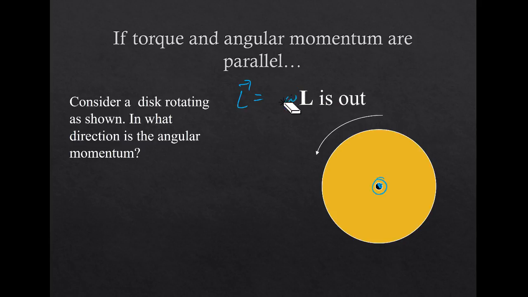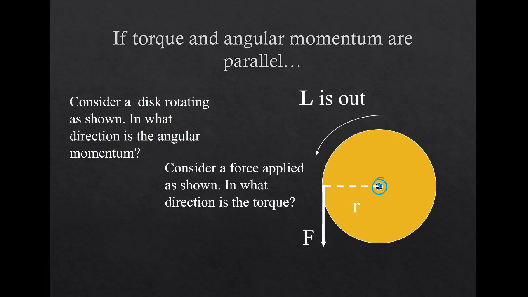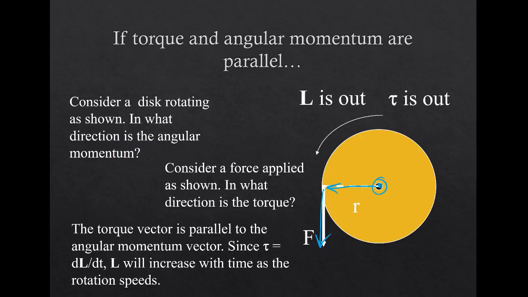Okay, L is coming out of the page, and let's think about a force applied in this direction. What direction is the torque? Well, fingers go in the direction of r, we curl towards F, and the torque is also out of the page. And this is just going to increase the angular momentum. So the torque and the angular momentum point the same direction.